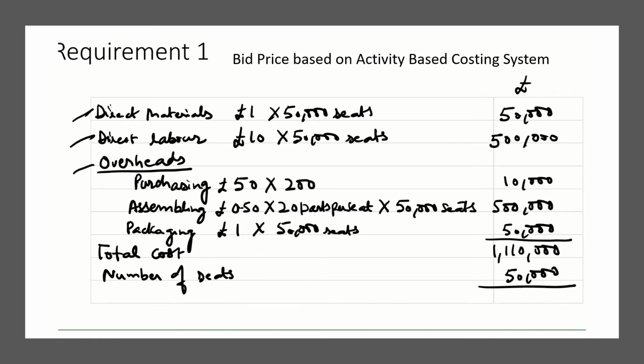So the average cost per unit is 22.20 pounds, right? So now we have the price per unit based upon activity-based costing.